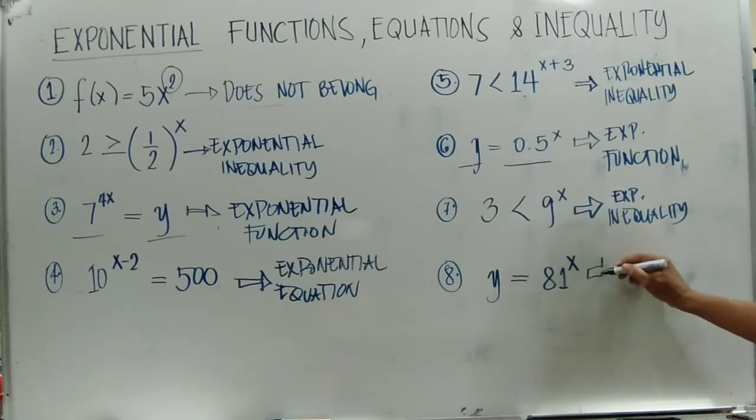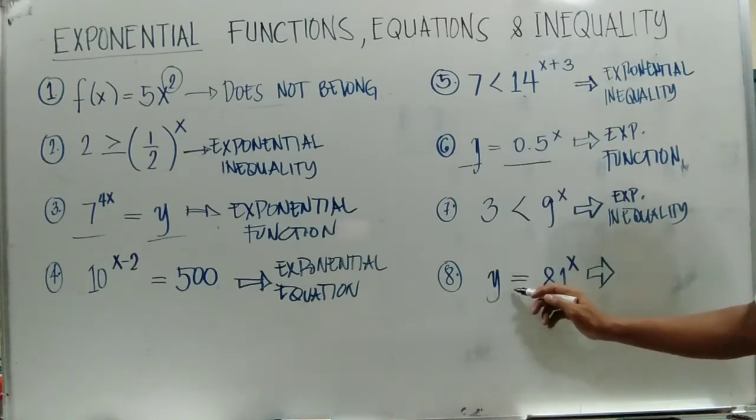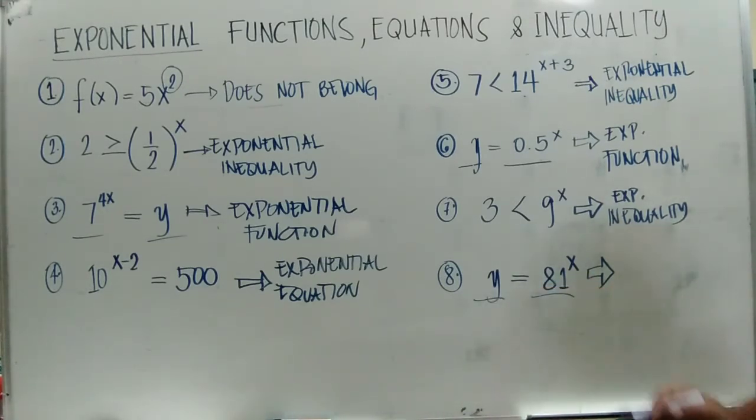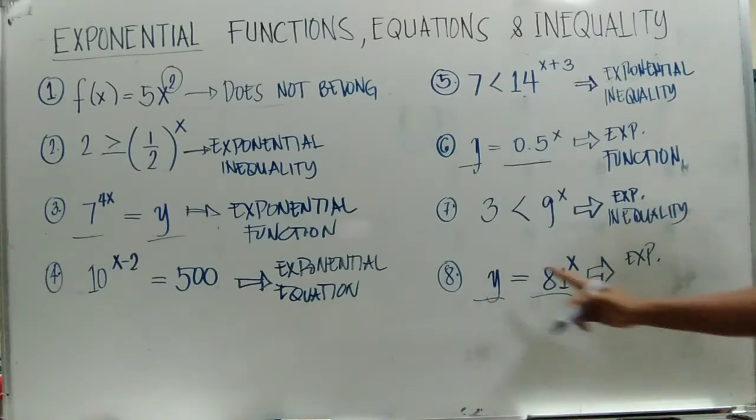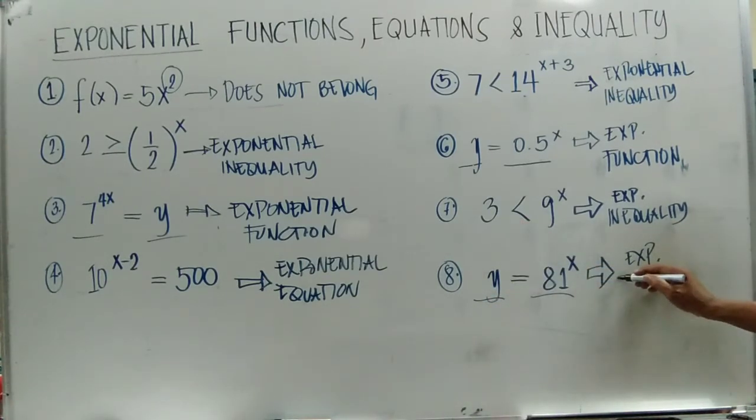Next, the last example, we have y equals 81 raised to x. The symbol is equal, then on both sides of your equal symbol, we have y. So very easy to identify: when you have y or f of x, that is an exponential function.